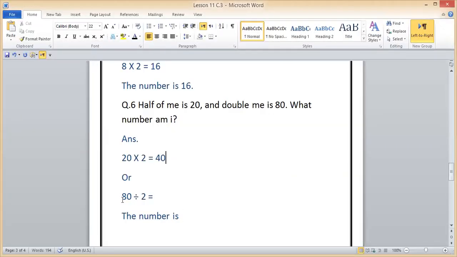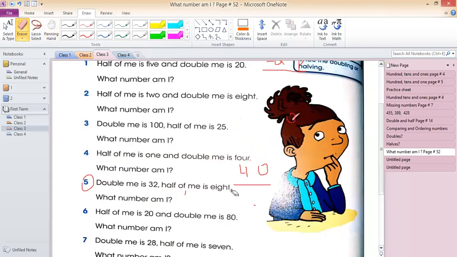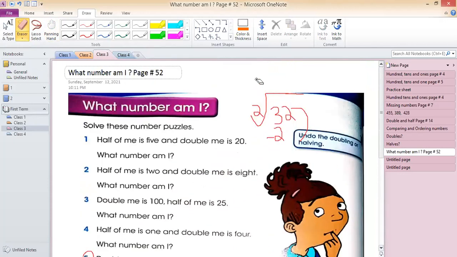Or 80 divided by 2. So how will you divide 80 by 2? Here you will write 80 inside and you will divide by 2. 2 table check, 2 table up to 8. 2 1 2, 2 2 4, 2 3 6 and 2 4 8. 8 minus 8 is 0.